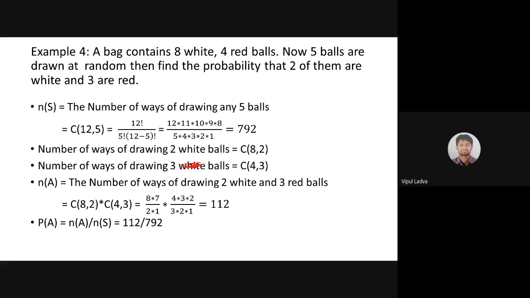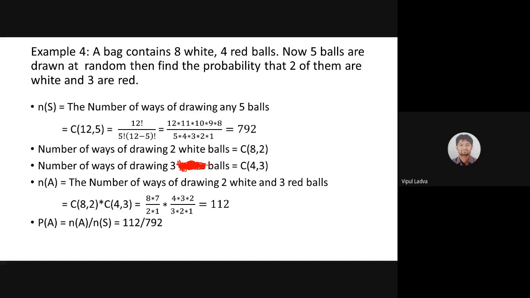Let me make that a red color. Okay. Now this is red balls. A typo mistake. Ignore that. Else everything is fine. Are you able to get this? Yes, sir. Okay.